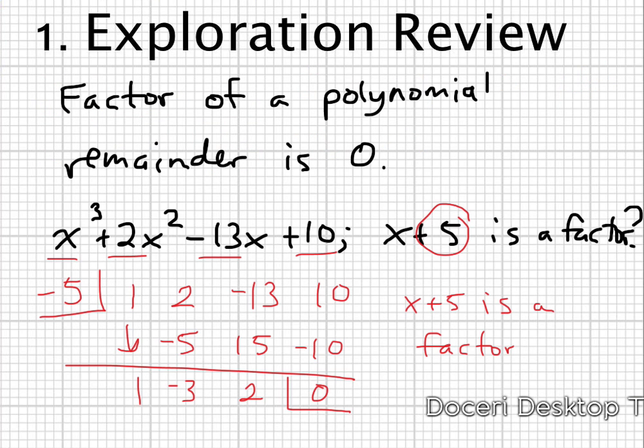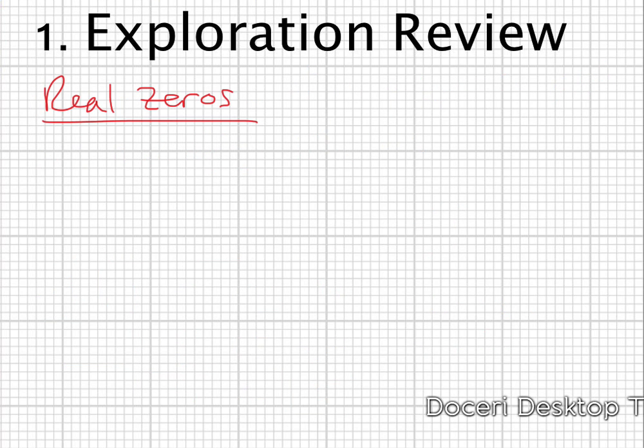If I looked at this graph of this equation, let me put this in my calculator real quick. So we have x to the third power plus 2x squared minus 13x plus 10. Okay, and I graph that.